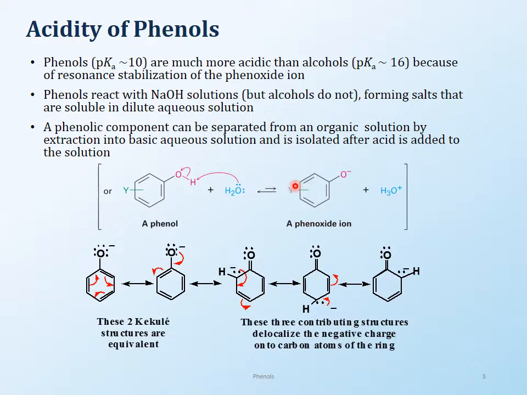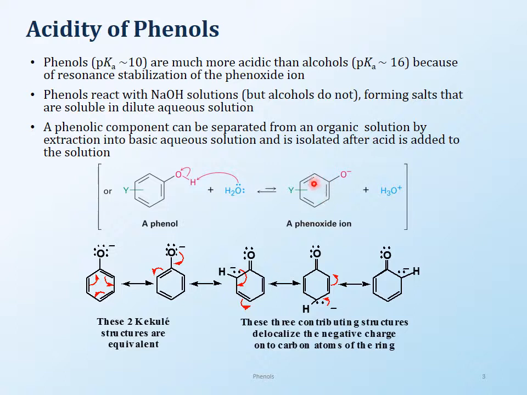However, this phenoxide ion has a little bit different properties, because this oxide is connected to the benzene ring. Because it's connected to the benzene ring, it can undergo resonance, which means that the electrons on this oxygen are delocalized all over the benzene ring. If they're delocalized all over the benzene ring, this ion is very stable.